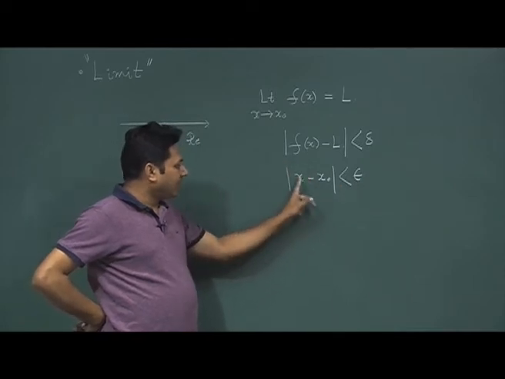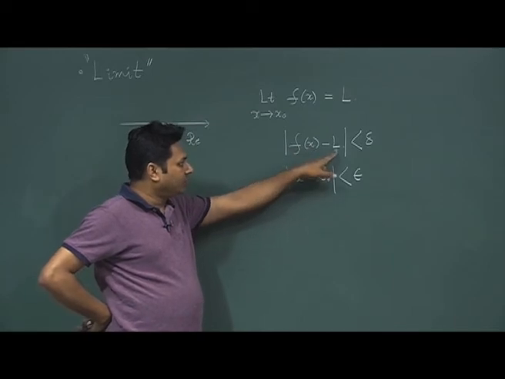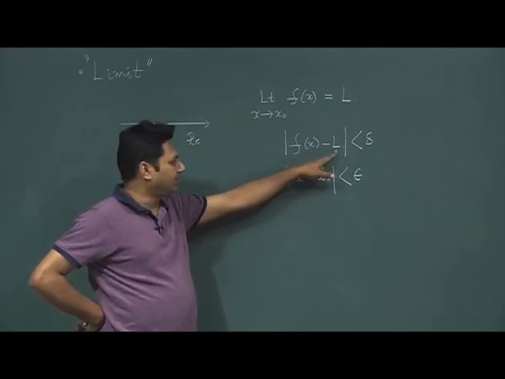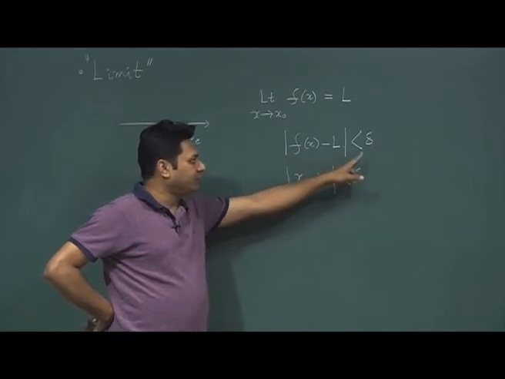So, that means for that x, if I put this x here, then this value will be close to some other value L, with the fact that if I take a mod of these things, that should be less than delta.